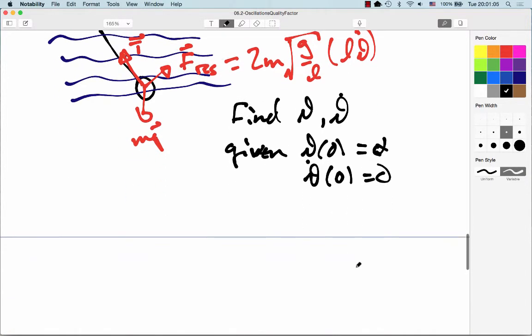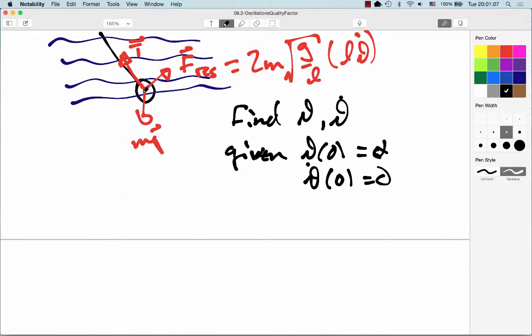All right, so we can write the equation of motion. m x double dot, that can be rewritten as m L theta double dot, will equal, you only need the tangential component of the gravity there, so that will be minus m g sine theta.